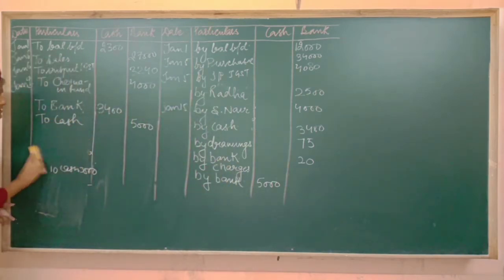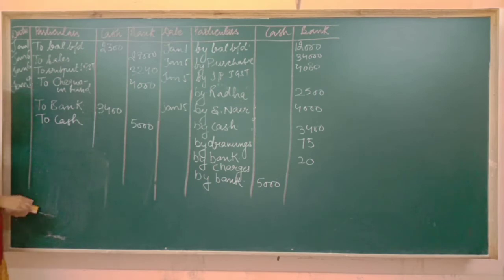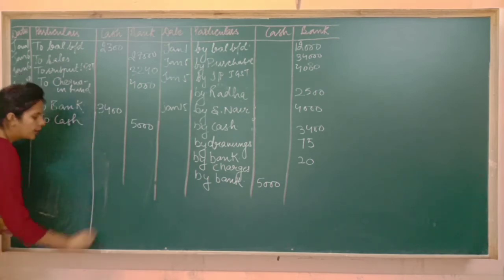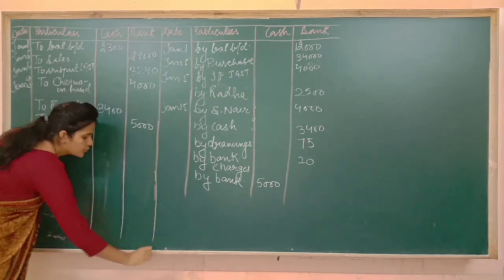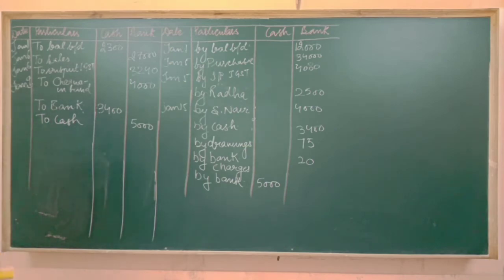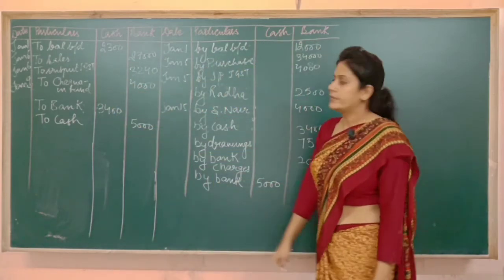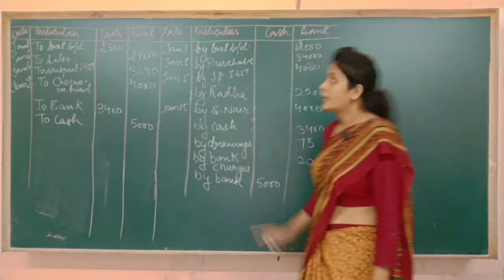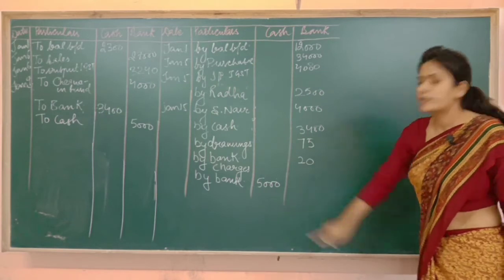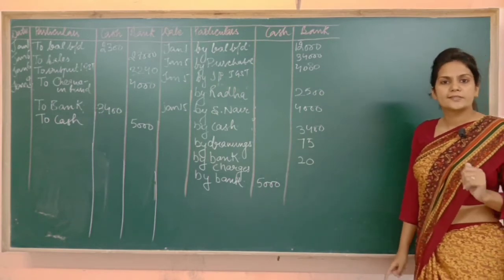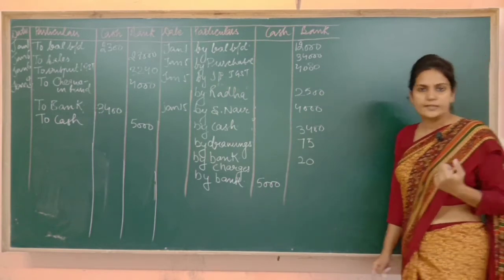Now what is the next step? Next step is very easy, that you already know. Now the next step is to do the balancing. And you know how to do the balancing? First of all, check. The debit side of the cash column shows balance of 5700 and the credit side shows the balance of 5000. So which side is greater? It's clearly debit side is greater.